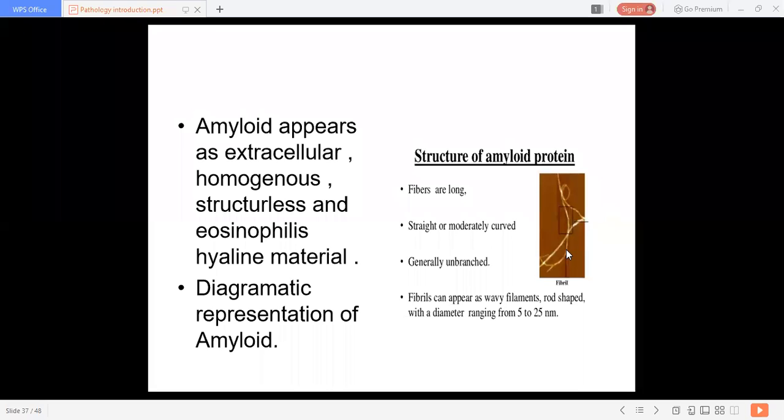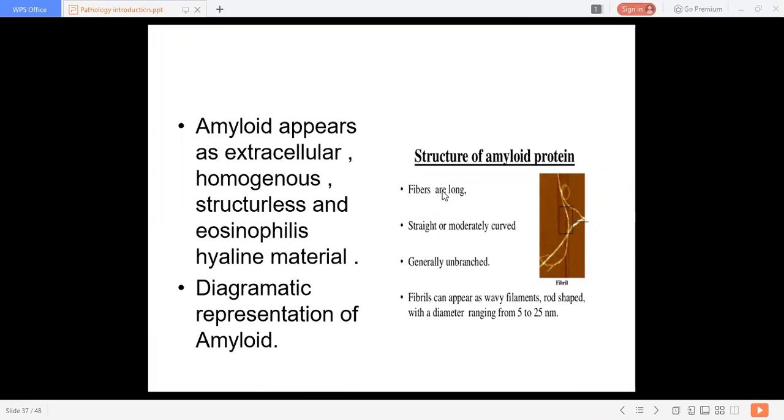The microfilaments present in each fibril are known as protofibrils, and this fibrillar protein always remains cross beta-pleated. It is always presented as a crossed protein, cross fibrils.